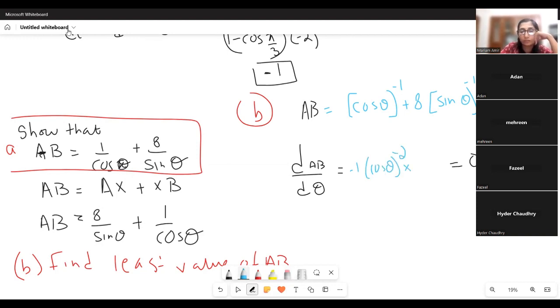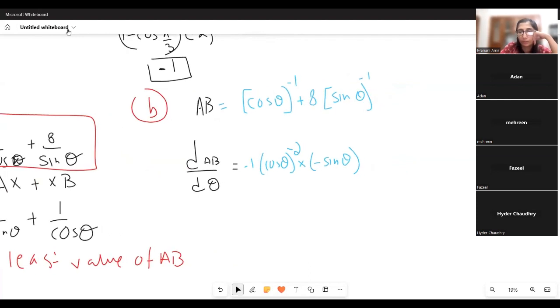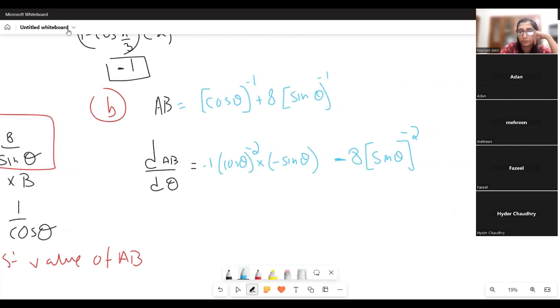And differentiate cos theta again, that would be minus sine theta. Then the minus 1 comes down and it becomes minus 8. Power of sine theta is now minus 2. And then the derivative of sine theta gets multiplied, which is cos theta. And we equate all of this to 0.